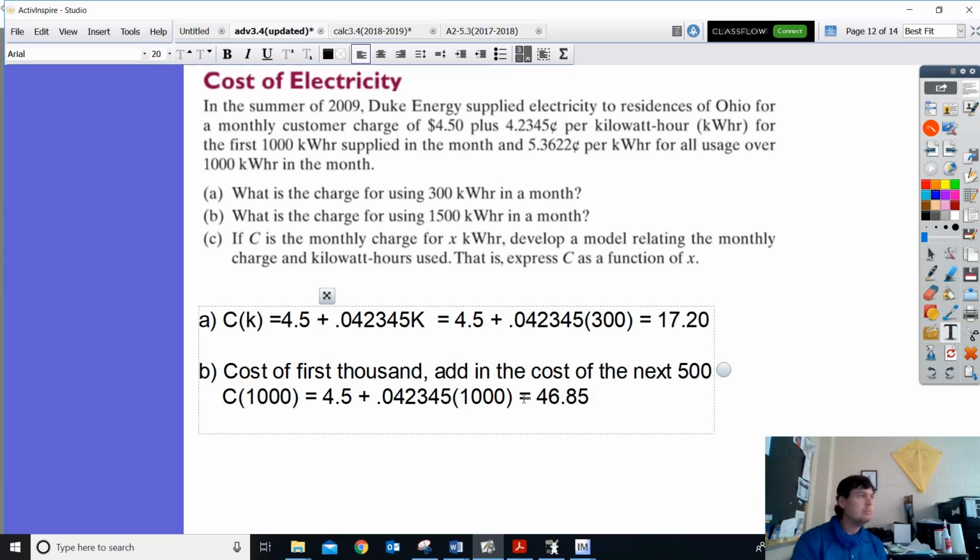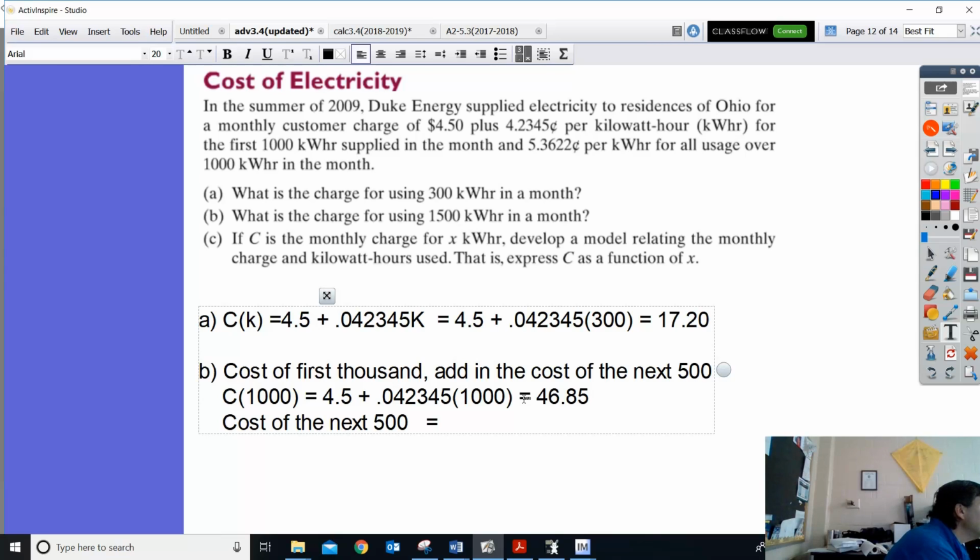That's actually going to need its own little formula, isn't it? Cost of the next 500. Well, you've already paid $4.50. You've already paid for the usage for 1,000, right? So you just use the new rate.